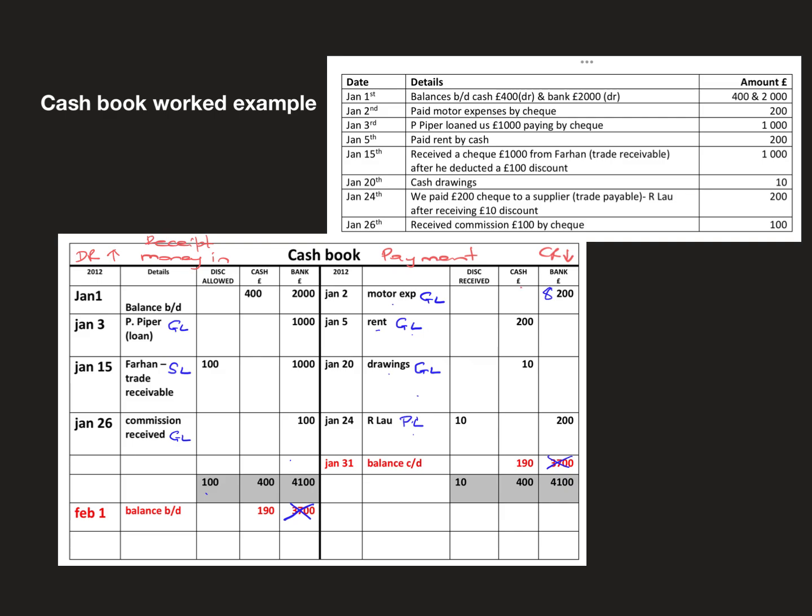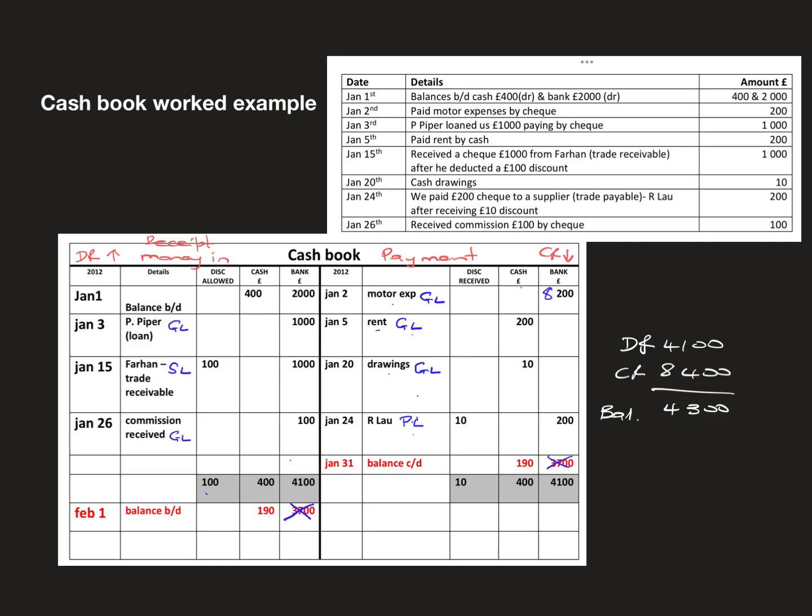So if the debit side, the DR side, was 4,100 and the CR side worked out to be 8,400, the balance, and I'm just shortening it, would end up to be 4,300.